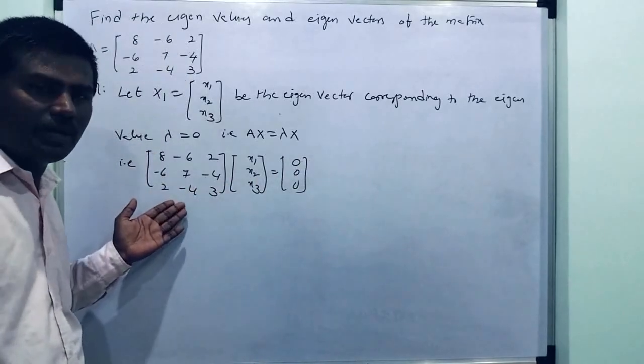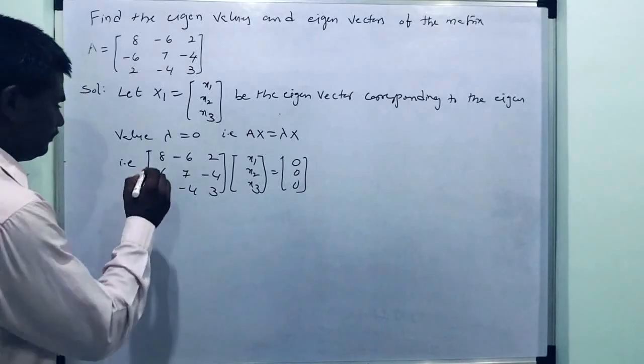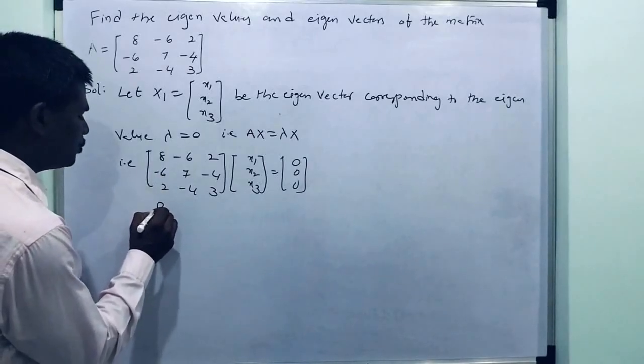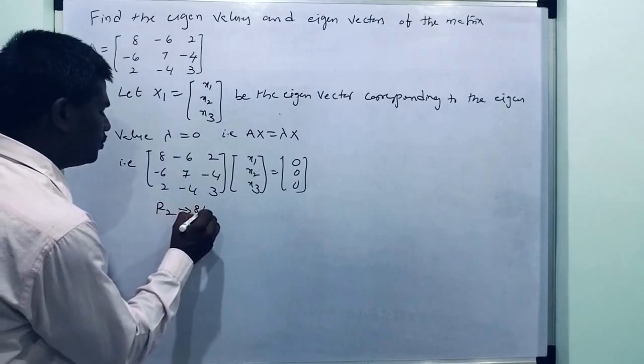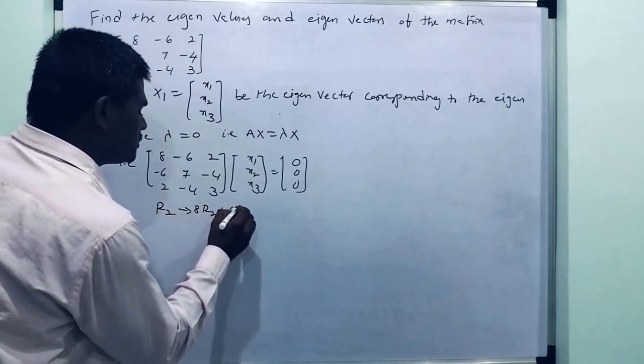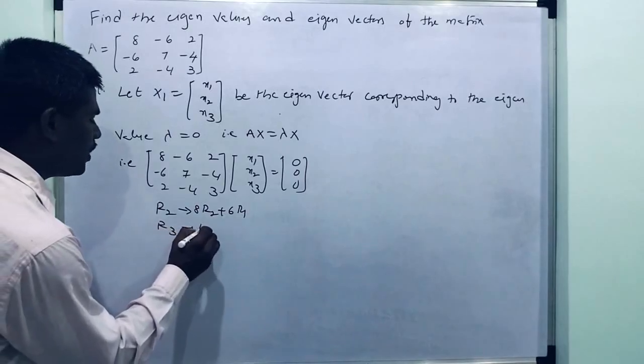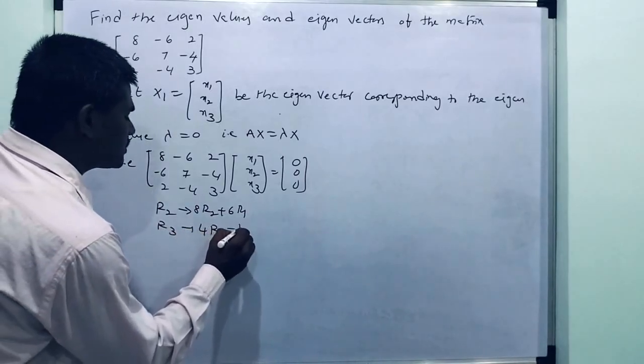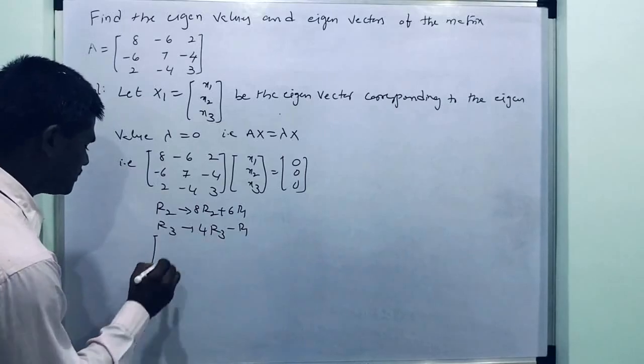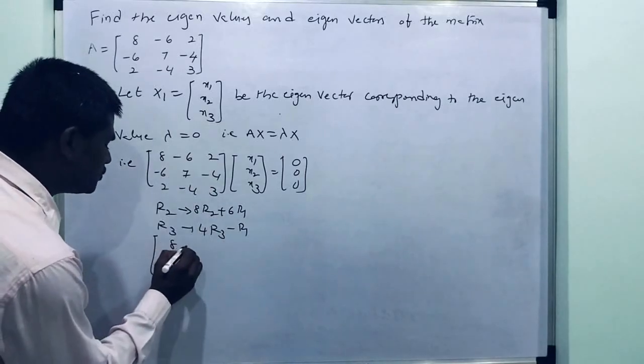Let us reduce this one into echelon form. How? That implies R2 → 8R2 + 6R1, and R3 → 4R3 − R1. Then this becomes 8, −6, 2.